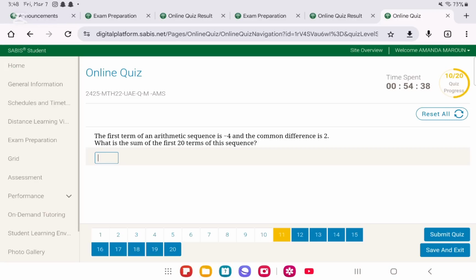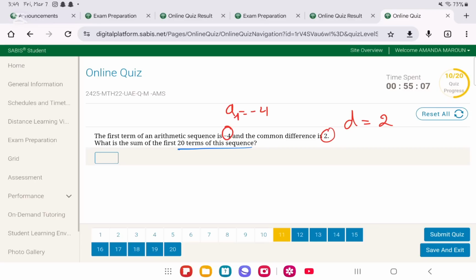We move on to question number 11, a very simple question. They told us the first term of an arithmetic sequence is -4, so a1 is equal to -4. The common difference is 2, so d is equal to 2. And the sum of the first 20 terms, they need us to find it. Very simply, there's many ways to do this.